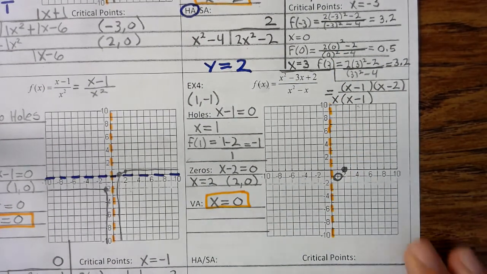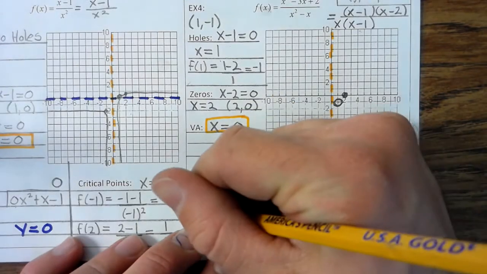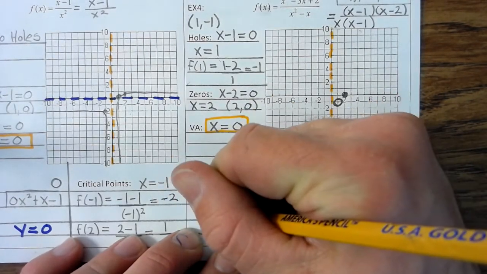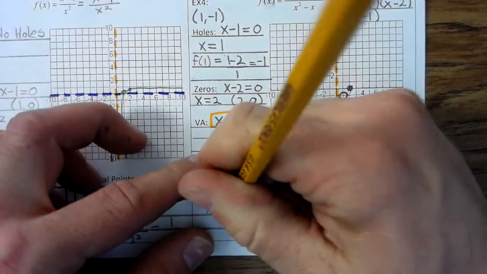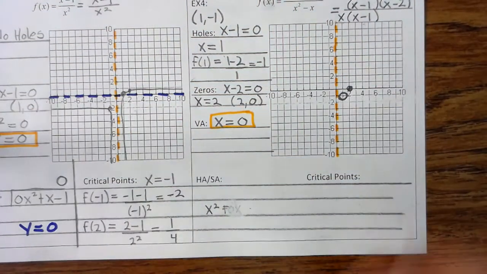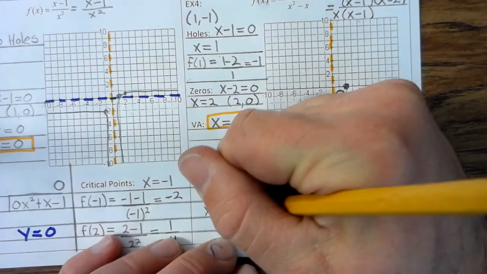Okay. Now for the horizontal asymptote, slant asymptote, we do long division, so we have x squared. And really should put a 0x. Oh no. We have a minus x, sorry. x squared minus x plus 0.